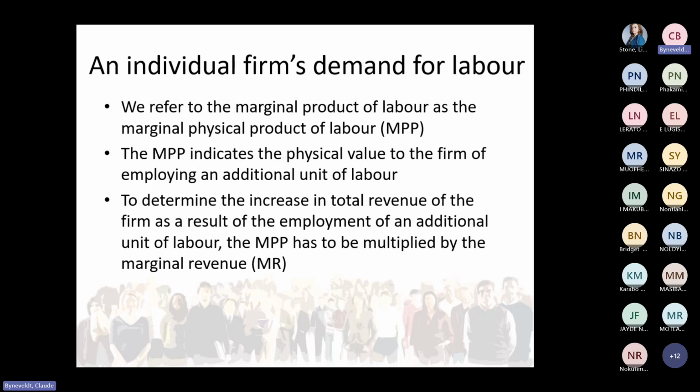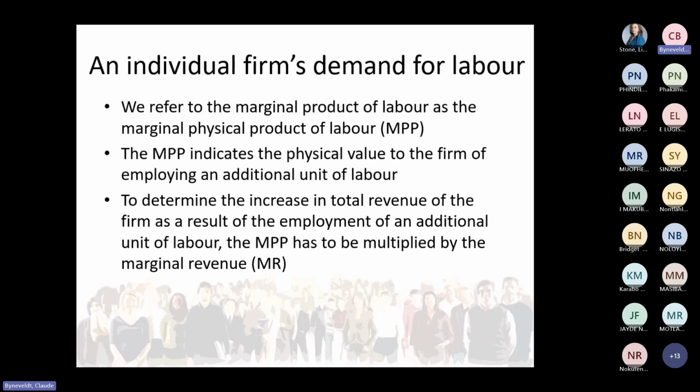Now, to determine the increase in total revenue of the firm as a result of the employment of an additional unit of labor, how do you calculate that? The MPP must be multiplied by the marginal revenue, the MR. Now, the marginal revenue is always equal to the price. The price is not the price of the goods or service, it's the price of labor, and the price of labor is the wage rate.